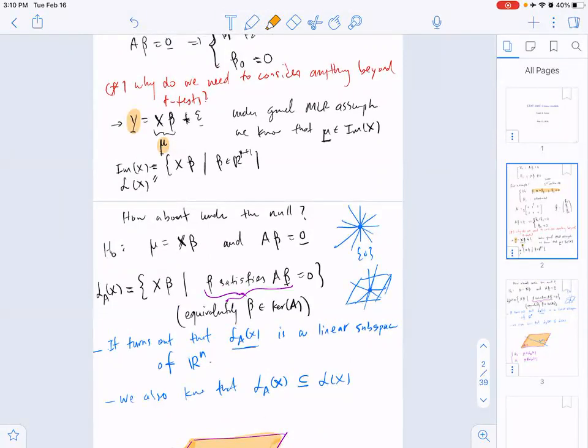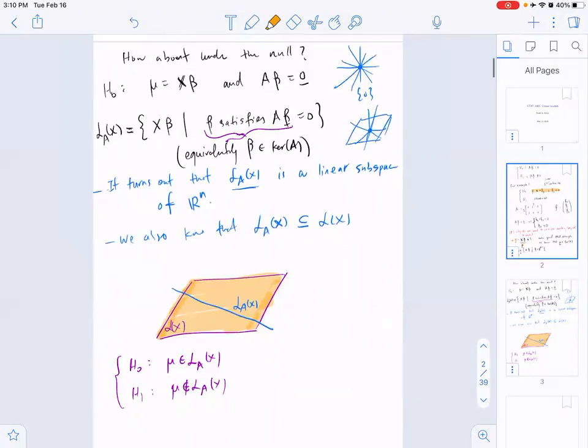Y might not belong to that space. Actually, sorry, y definitely does not because of the epsilon, but even the mean, so you're saying that the expectation of y, if I repeat the experiment many times and then average the vectors y, the average would be very close to this, or in the limit, it would lie in this. So that's the regression assumption.